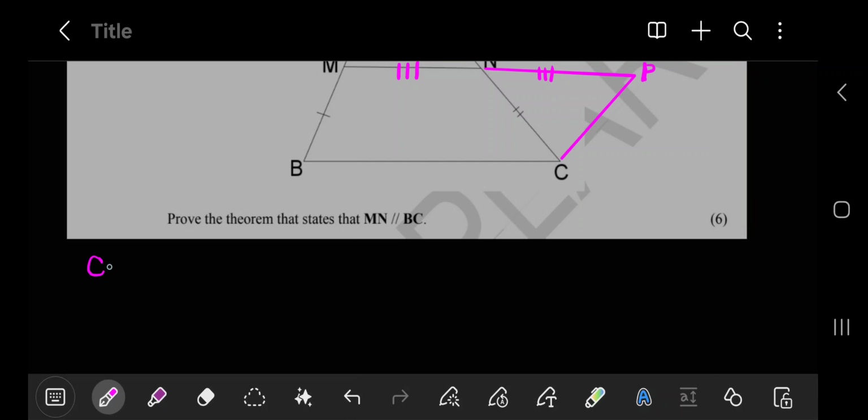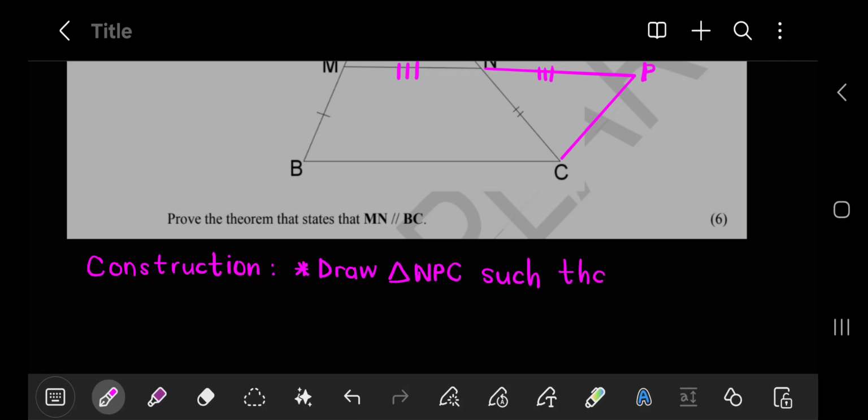So this is how we do it. We say construction. And I'm going to say draw triangle NPC such that MN is equal to NP.